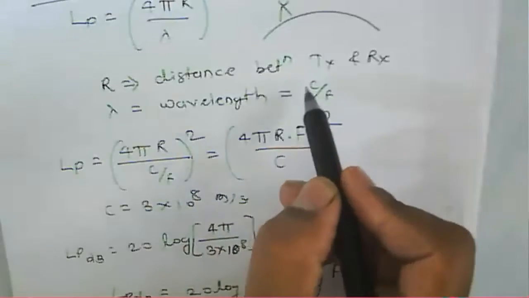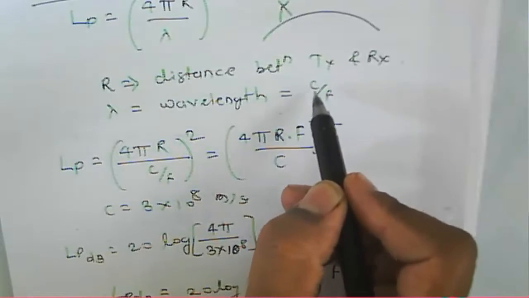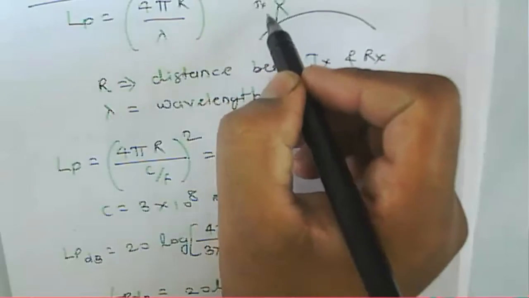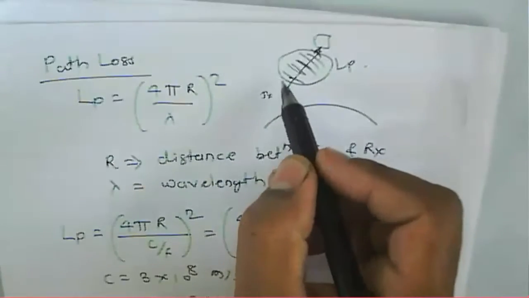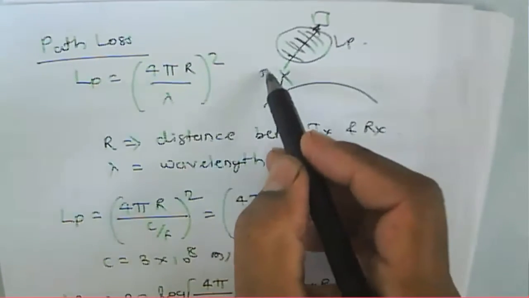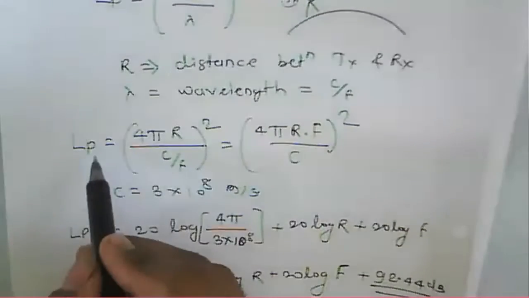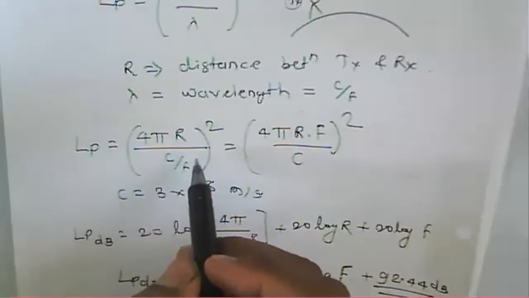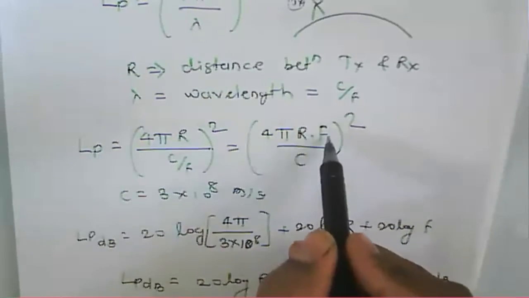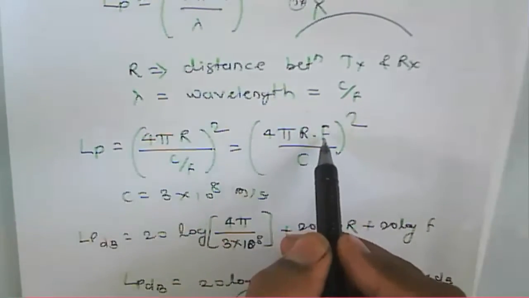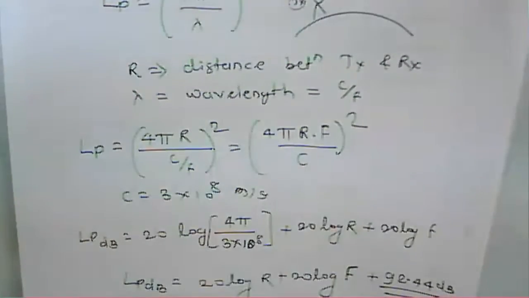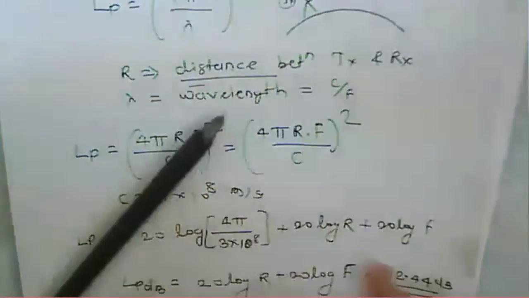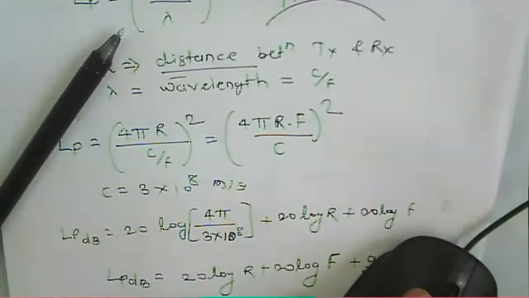We have the relation of lambda, the wavelength, with respect to the velocity of light and frequency, so that for the transmitting signal, the uplink signal, we get the f value here, so the path loss depends on the frequency. If we solve here, we'll get that the path loss is directly proportional to the frequency. If the frequency changes, the path loss changes, and it also depends on the distance between the transmitting and the receiving antennas.